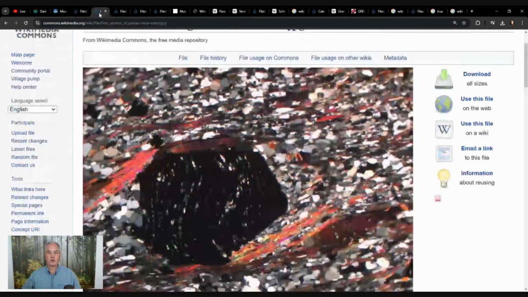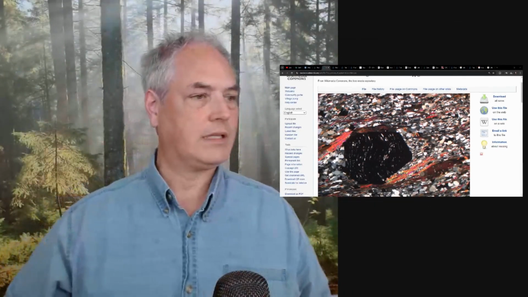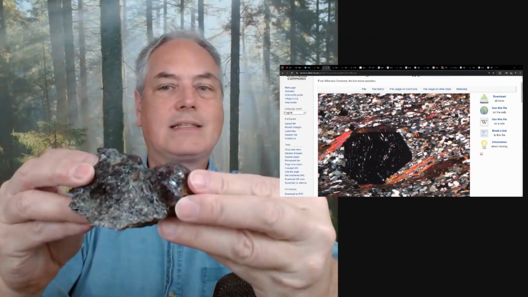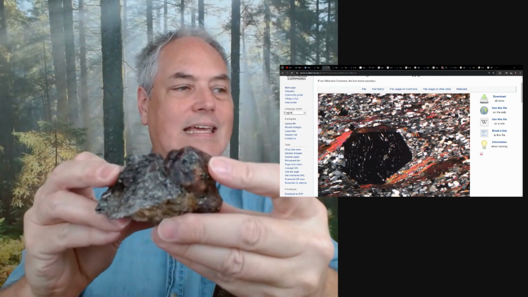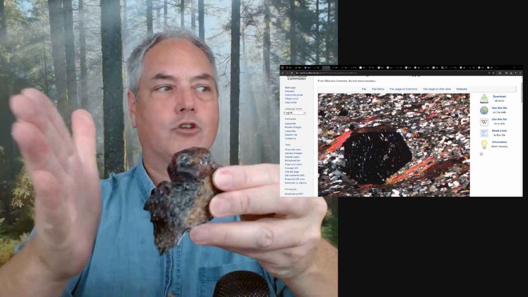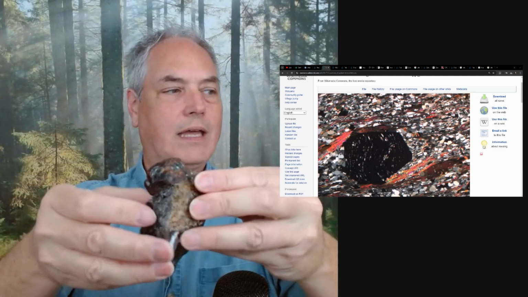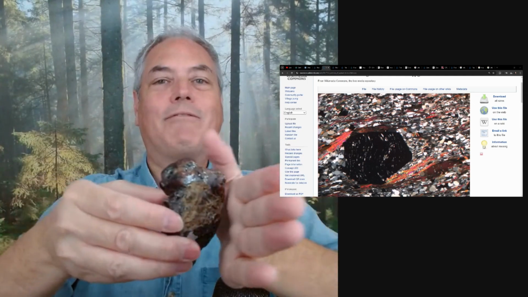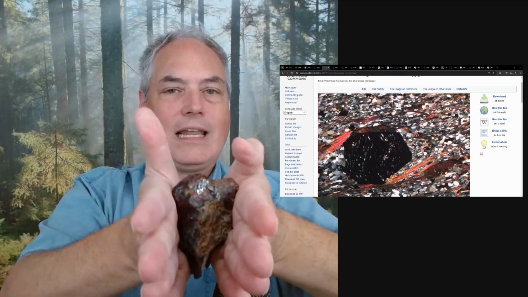The reason I wanted to show you this example is, let's go back to this one here. Here we have my example of garnet in a biotite matrix. If you think of pressure going this way and this way, it flattened the rock like this.